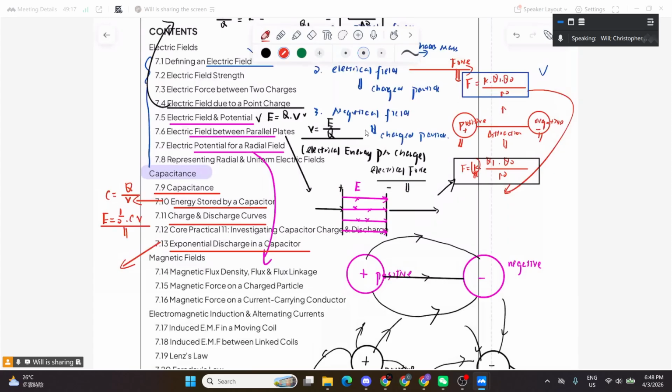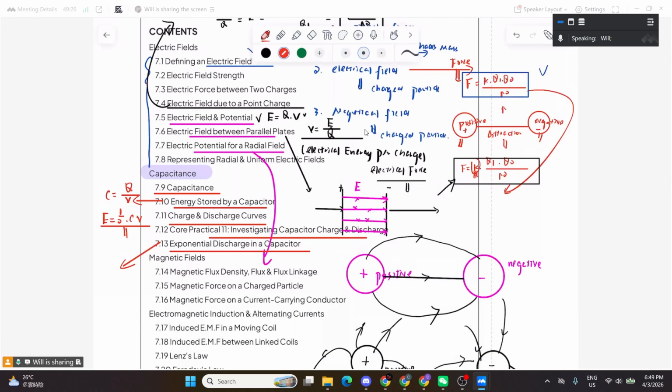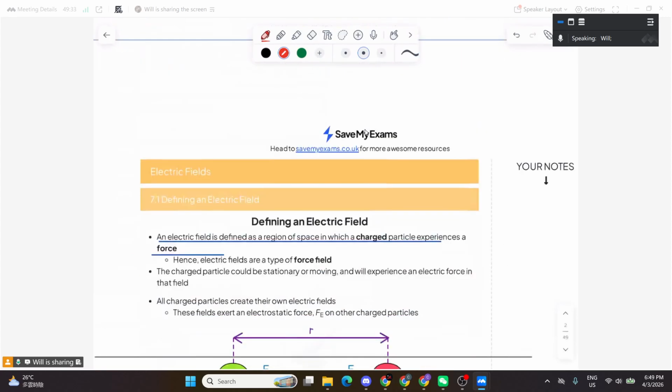Is there any problem? No. Okay, the final one, look at the core practical. That is the equipment. The purpose of the equipment is to investigate the capacitor charge or discharge.